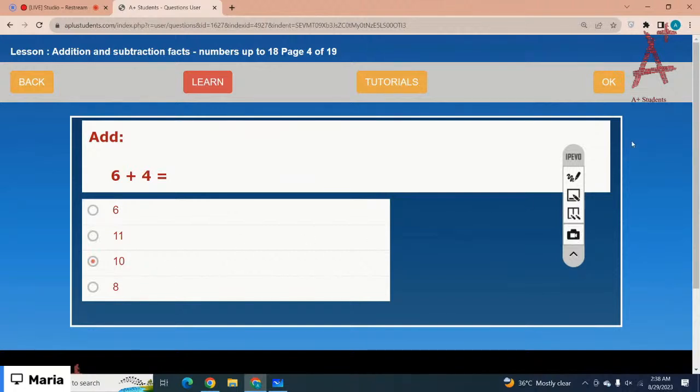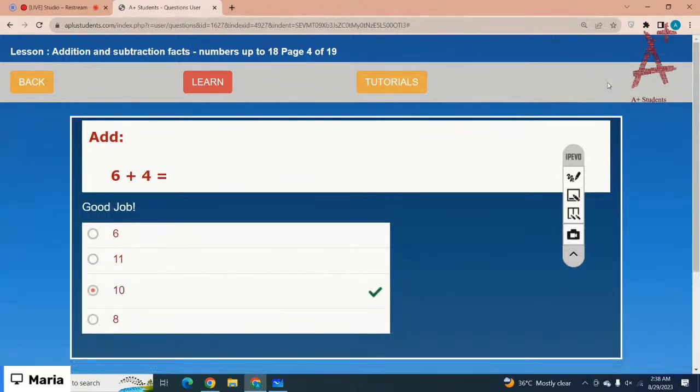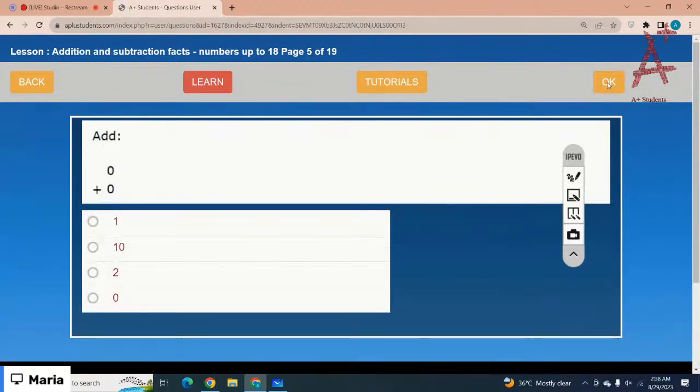You have to add. So 6 plus 4 makes 10. The next one is 0 plus 0. So which is the correct option? 0 plus 0 is 0. The correct option is 0.